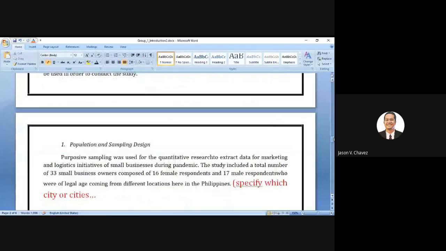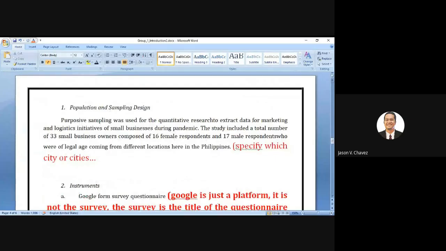For example, they should be aged this way, have a level of literacy this way, have income this way. But at the same time, most of you are also using, aside from purposive sampling, convenience sampling. Convenience sampling means respondents who are available, no? So you should put purposive and convenience sampling technique for the quantitative research.